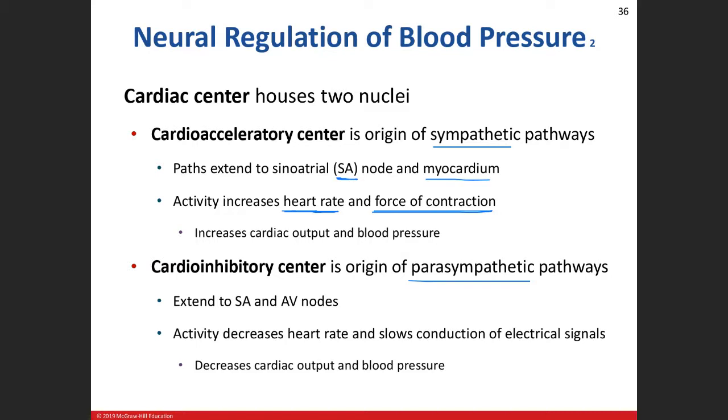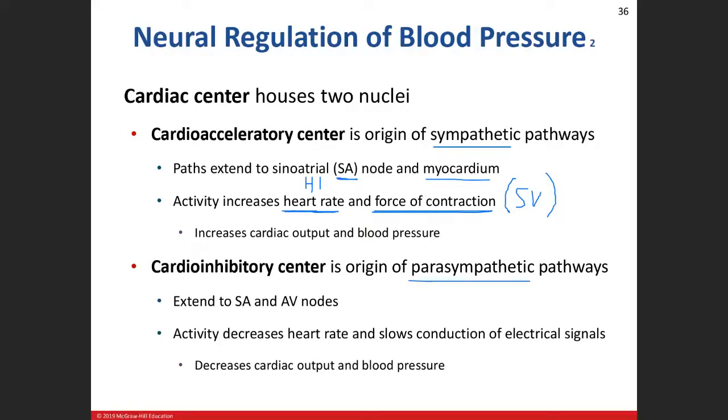The cardioinhibitory center cannot affect the force of contraction. If we increase heart rate and we increase the force of contraction, force of contraction is going to influence stroke volume. Heart rate is obvious, HR.